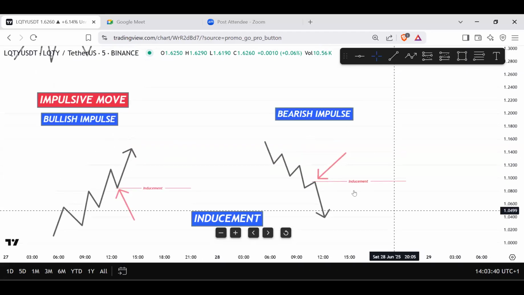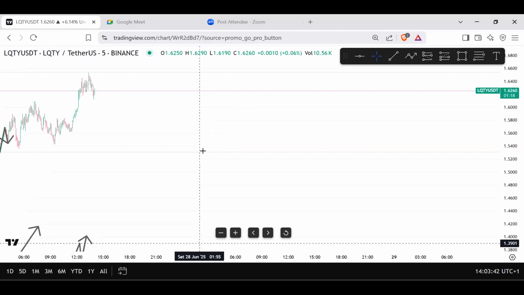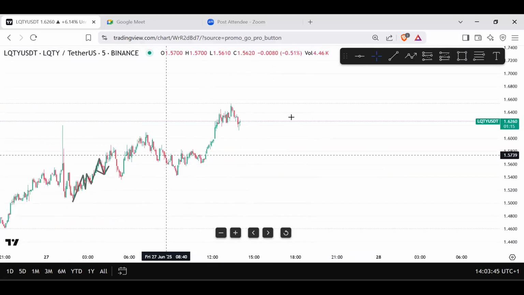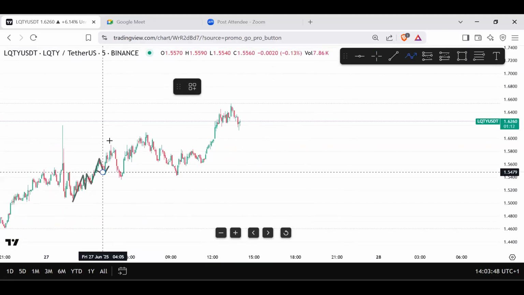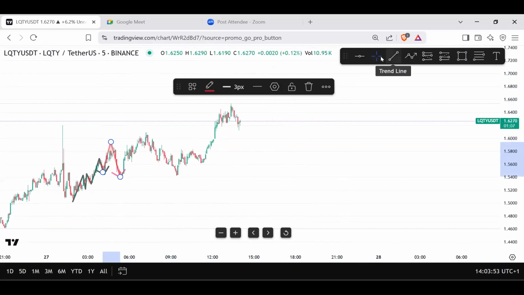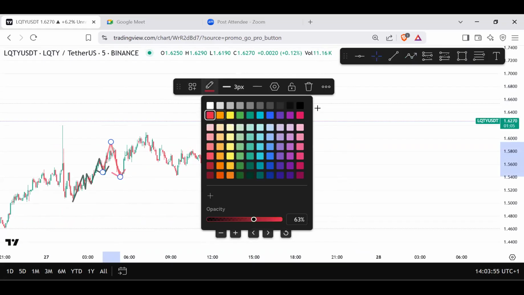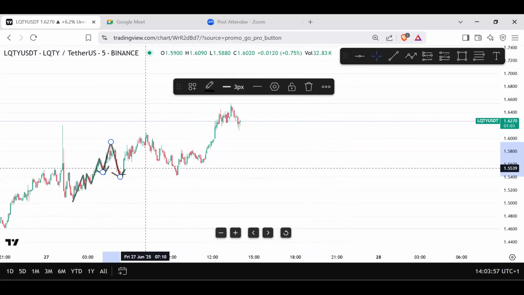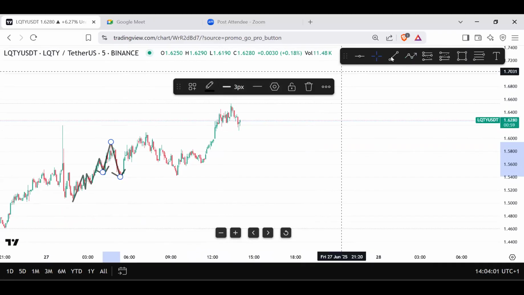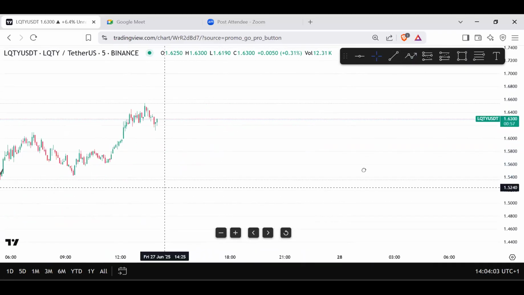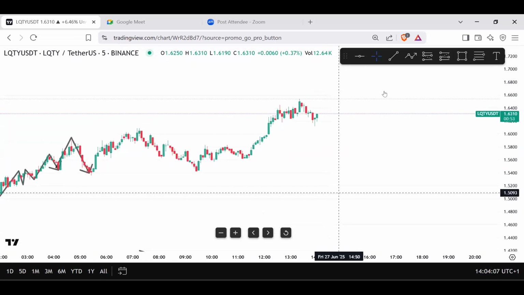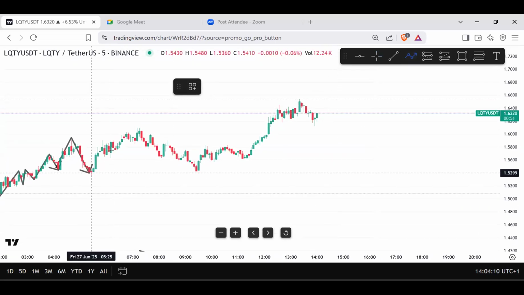Let's look at it in the market. Let's say this is our impulsive move.